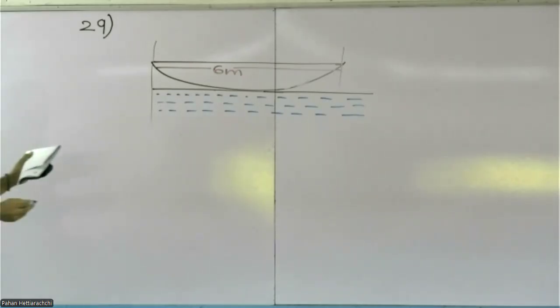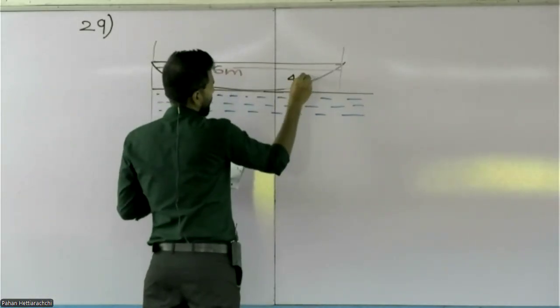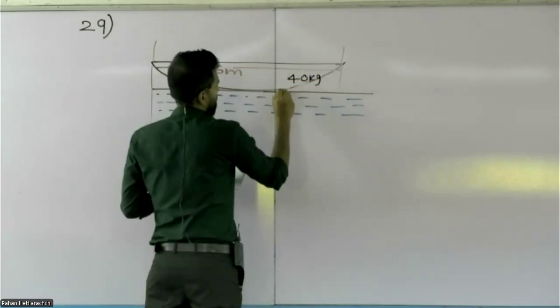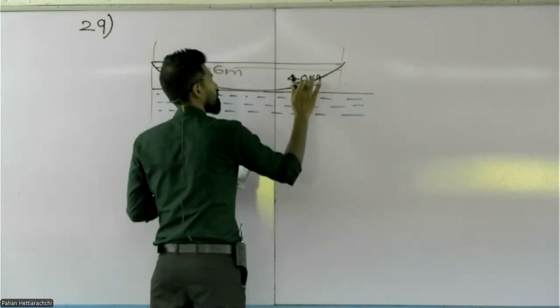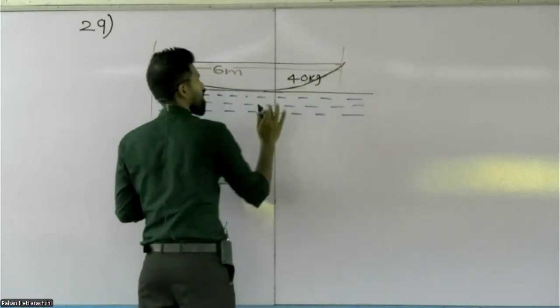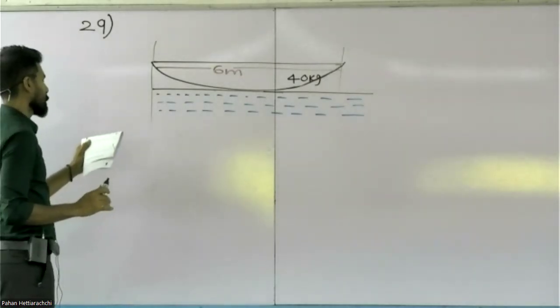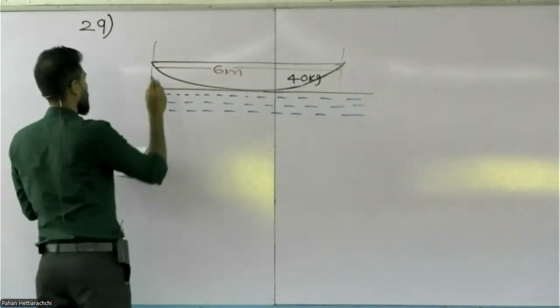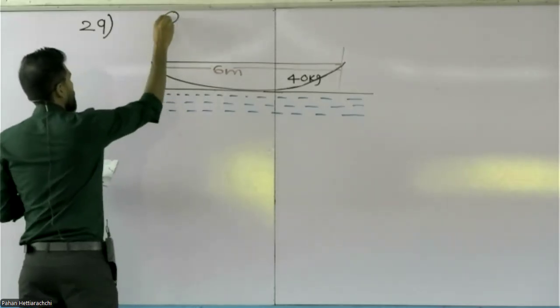A boat of length 6 meters and mass 40 kg is floating on a river. A man of mass 80 kg walks from one end to the other end. At one end there's a man.